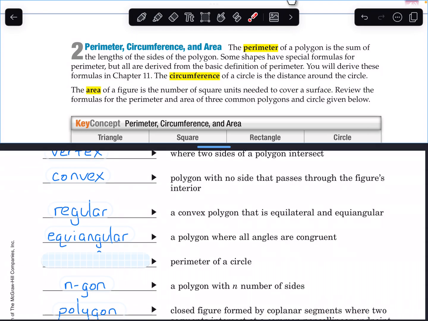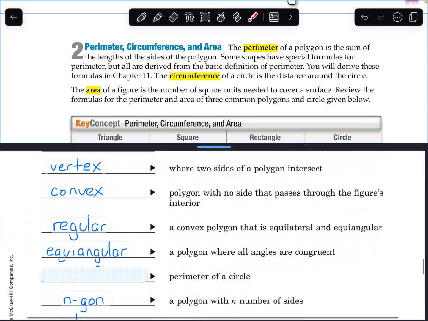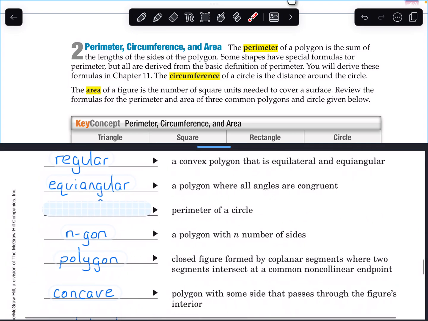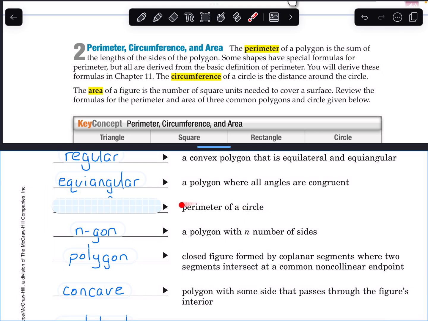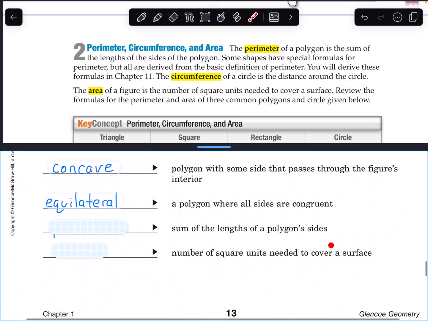So we'll take a look at that after catching up on vocabulary here. We have perimeter of a circle, that's the circumference. Sum of the lengths of a polygon's sides is the perimeter. Number of square units needed to cover a surface is the area.